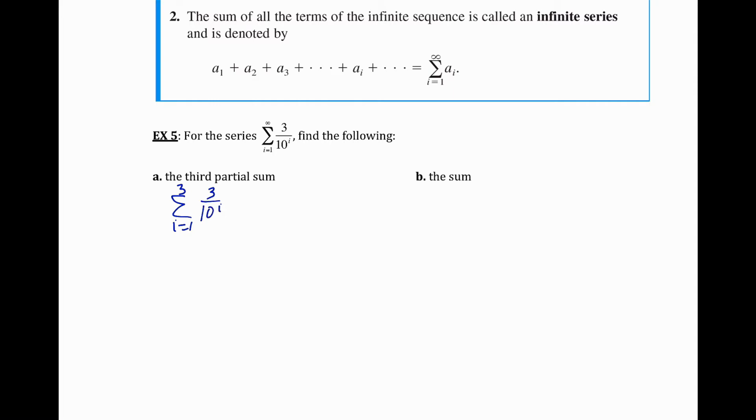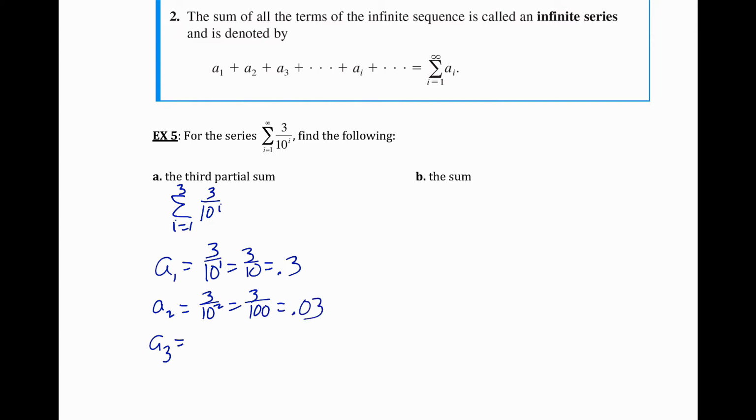We're essentially taking the first three terms, a sub 1, a sub 2, and a sub 3, finding them, and adding them together. So we have 3 over 10 to the first, which is just 3 over 10, or 0.3 as a decimal. The next one, 3 over 10 squared, is 3 over 100, which is 0.03.